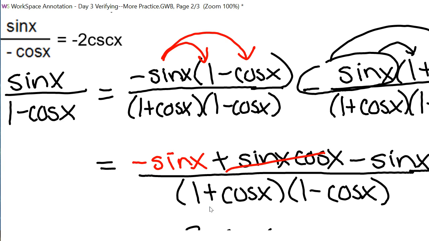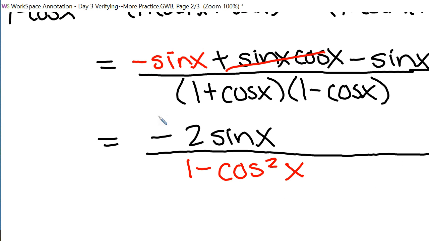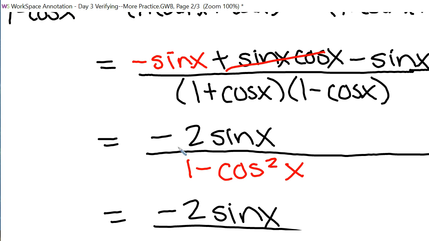Not yet, but we could because this is a Pythagorean identity, and instead of 1 minus cosine squared, what is that equal to? Sine squared of x, and negative 2 sine of x stays the same. Now, we have some things that will cancel.